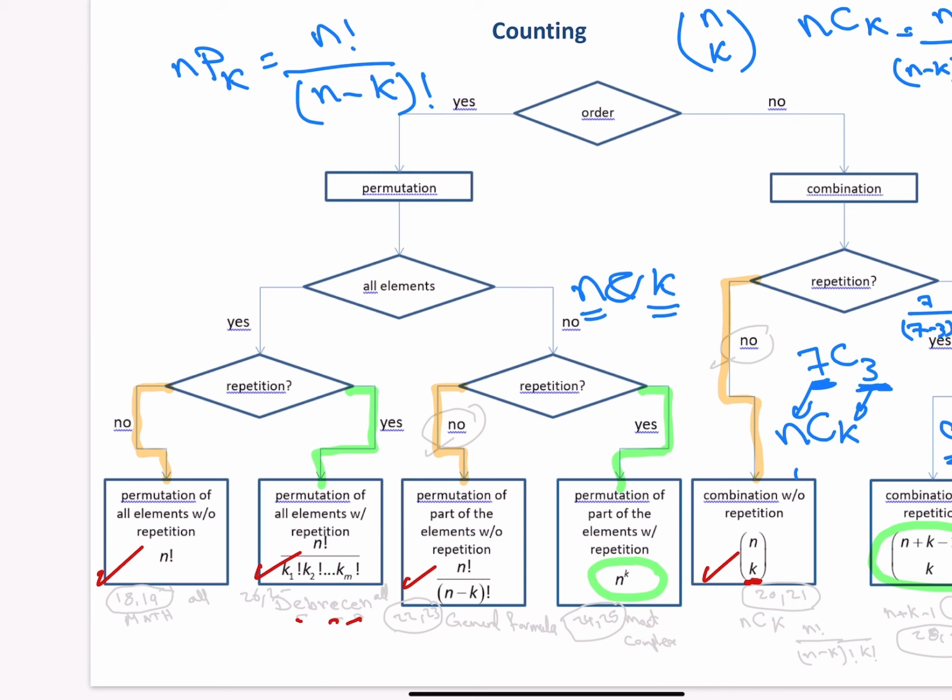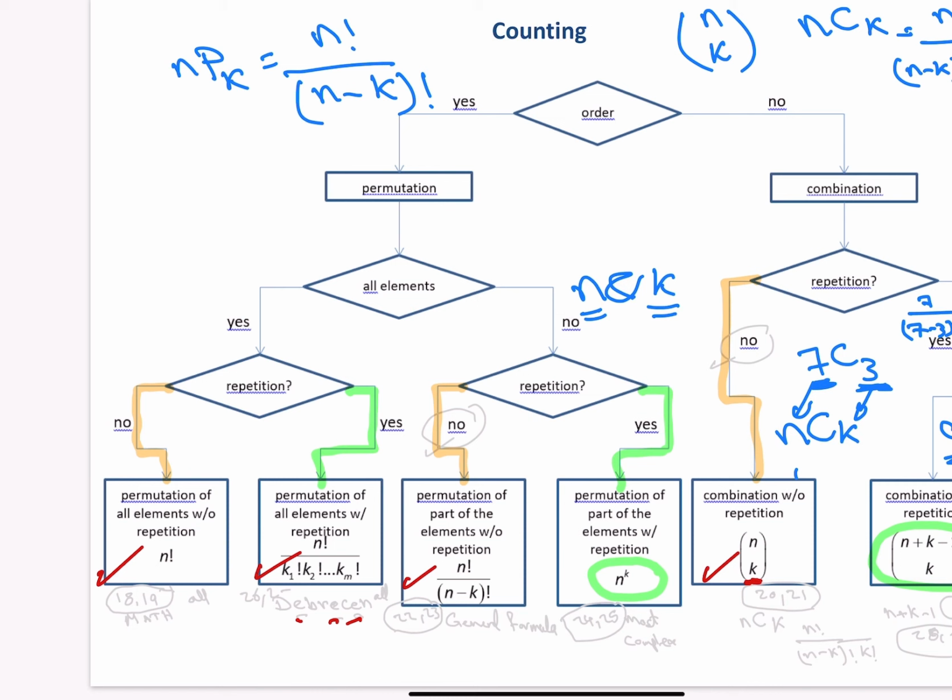Because amino acid has two principles, two things you have to keep in mind. Amino acids which form protein will always be a permutation, because the order of the amino acids matters. It changes the type of protein which is formed. And repetition is there.